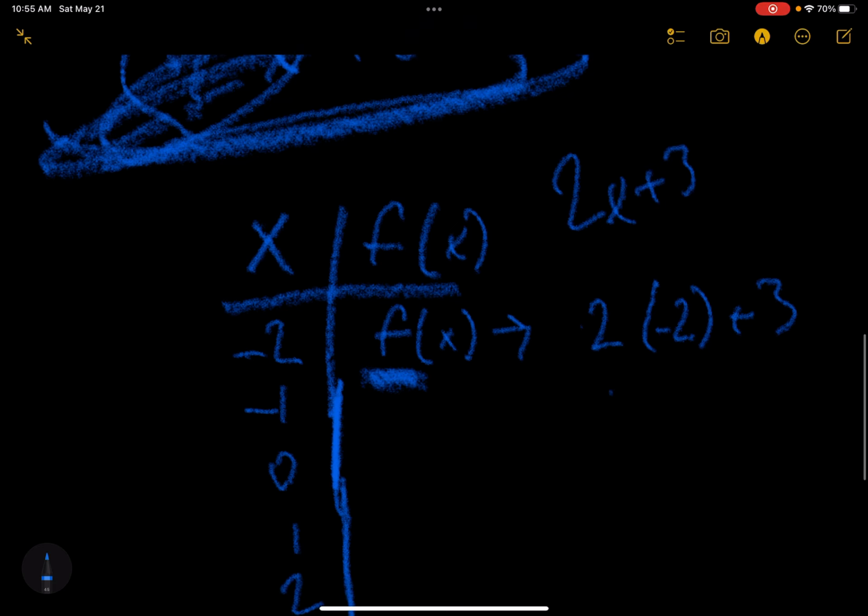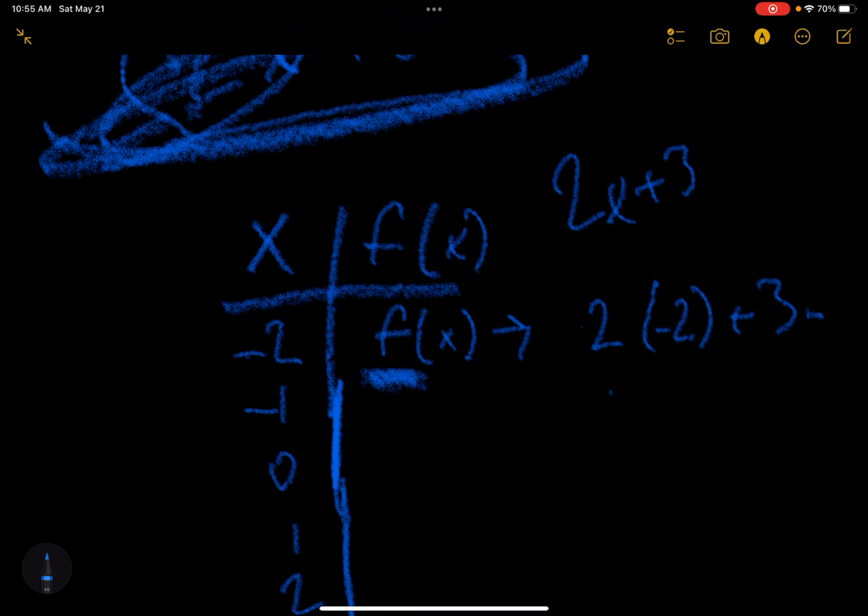This turns into -4, and -4 plus 3 is -1. So it equals -1. That means if we put -2 as our x in our function, we'll get -1 as our answer.